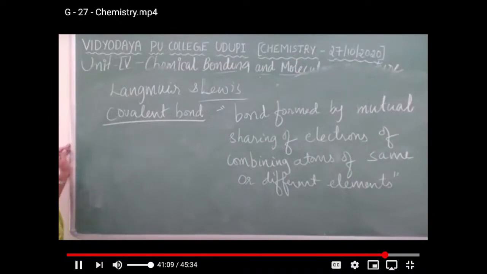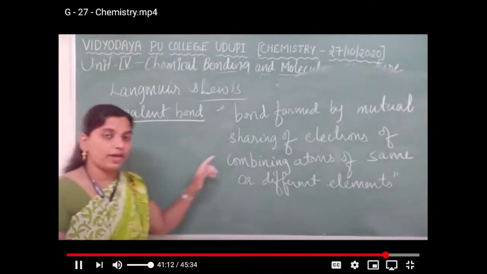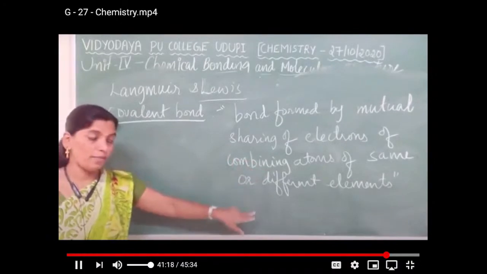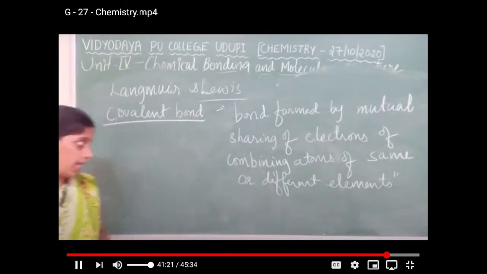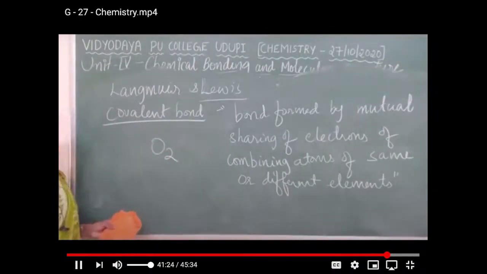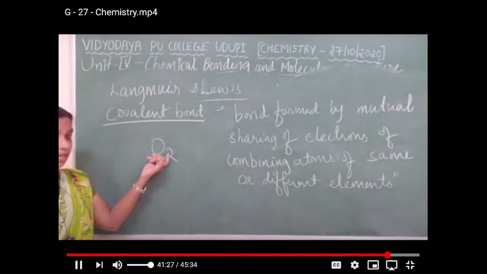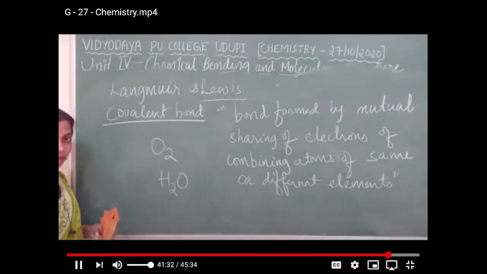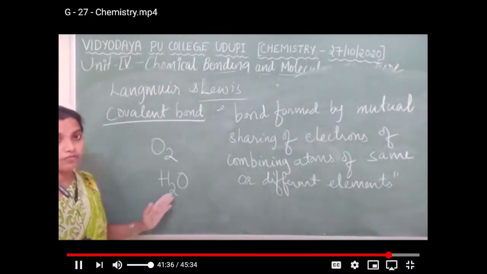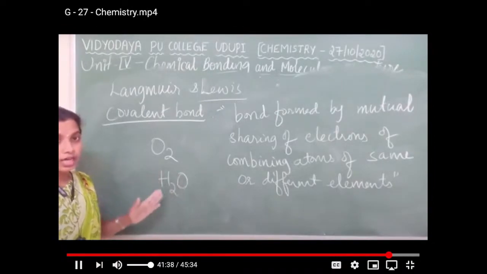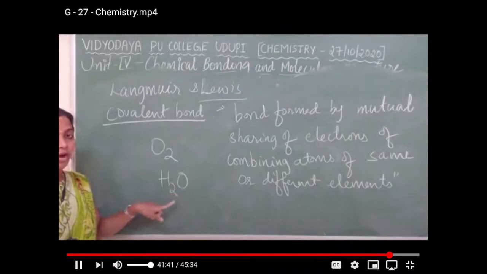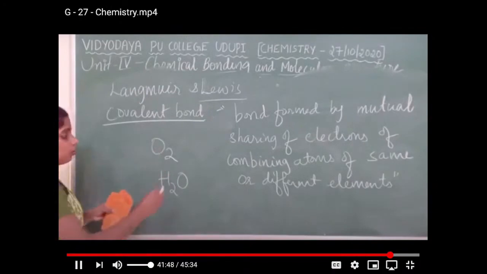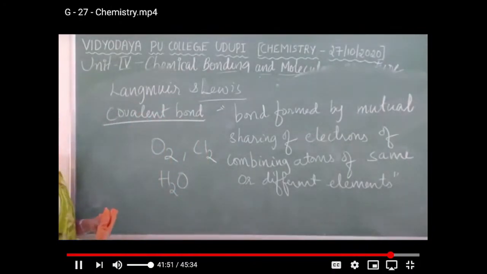A covalent bond is the bond formed by the mutual sharing of electrons of the combining atoms. These atoms can be of the same element or different elements. Same element means, for example, the oxygen molecule, two similar oxygen atoms. In the water molecule, the electrons are shared by atoms of different elements, oxygen and hydrogen. A covalent bond forms in the water molecule, and in the oxygen or chlorine molecule.